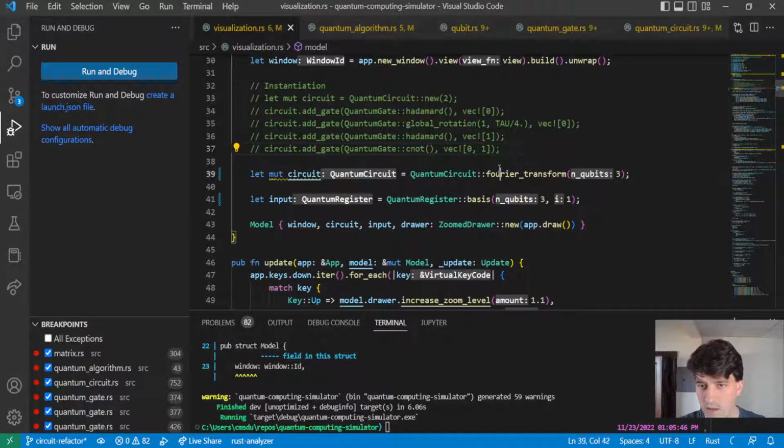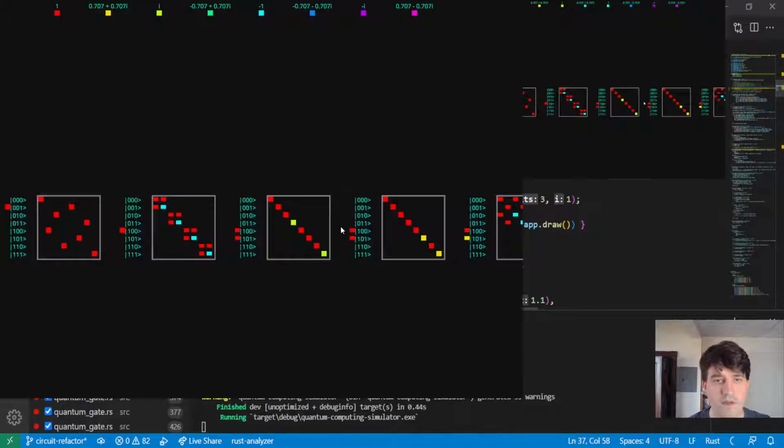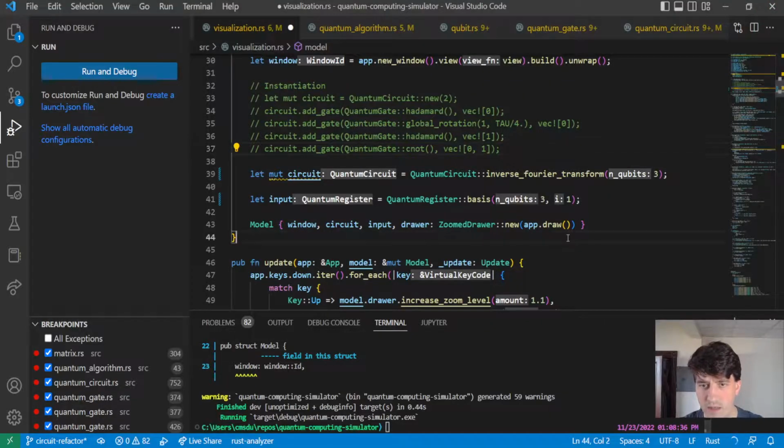Okay, so let's take a look at the inverse Fourier transform. Okay, so we have permutation up front. That's immediately wrong, right?